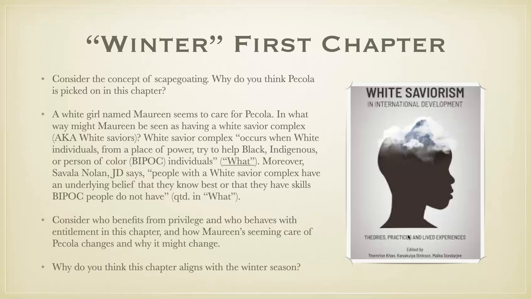So now when we go to winter, the first chapter in winter that is similar to autumn and doesn't have another title, I want you to consider the concept of scapegoating and why you think Pecola is picked on in this chapter specifically.